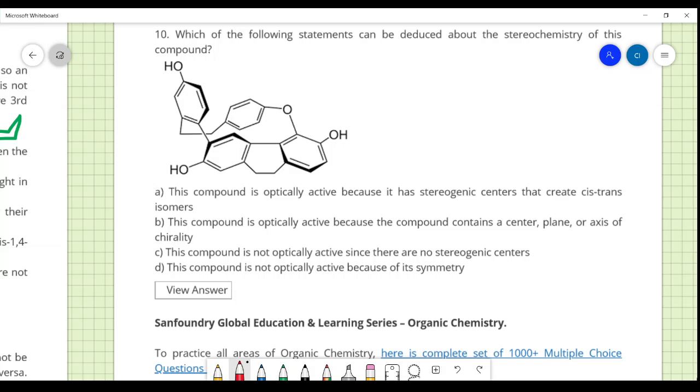This compound is not optically active since there are no stereogenic centers. This compound is not optically active because of its symmetry. So what is the right answer there? I think probably it is A. This compound is optically active because it has stereogenic centers.